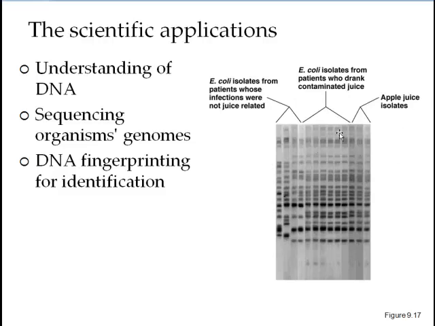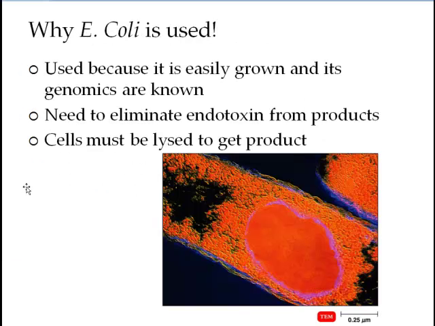Now, if these segments were isolated and you could compare them, you can see that the E. coli of patients can be studied based on its shorter molecular weight segments of DNA. DNA fingerprinting is another process that you may have heard of. DNA fingerprinting of criminals, or even for parentage identification, is used.